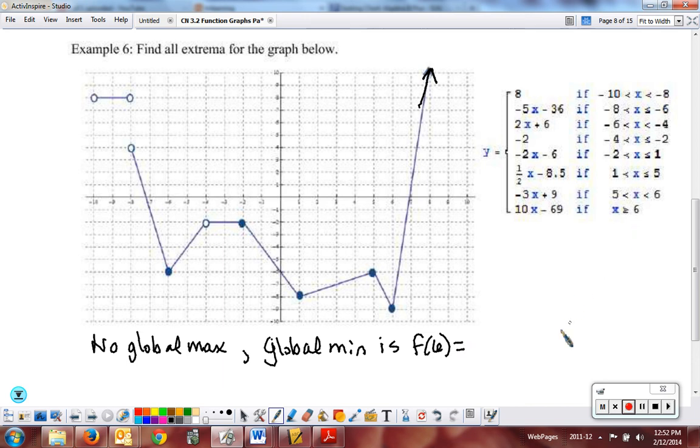Which piece do I use? The last one, so it's 10 times 6 minus 69, or negative 9. Remember, you're not allowed to do looks like, so you should verify. You might get lucky with looks like, but we should check with our formulas and make sure we have it. So the global min is negative 9. Where does it happen? At x equal to 6.